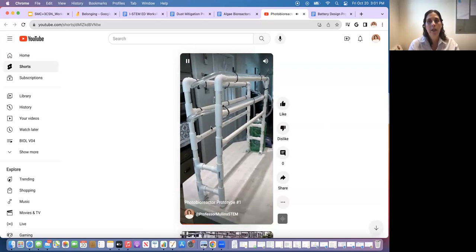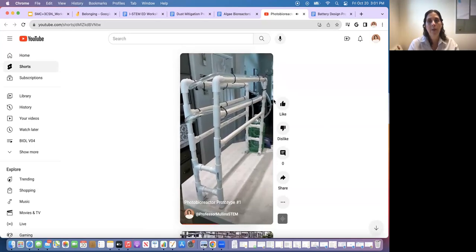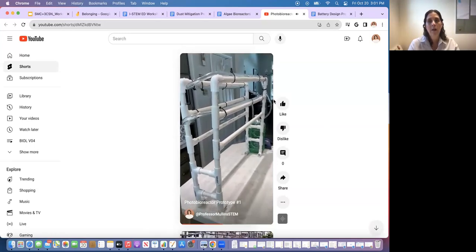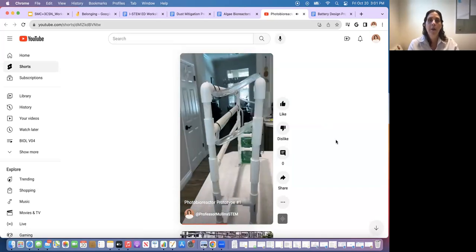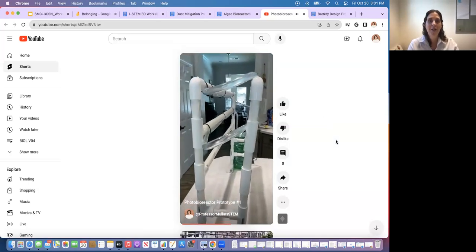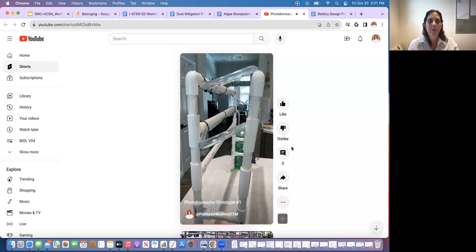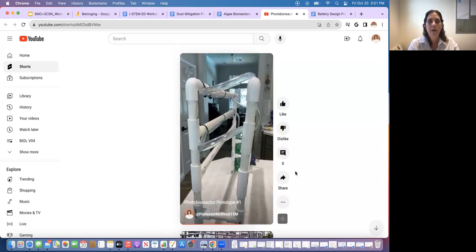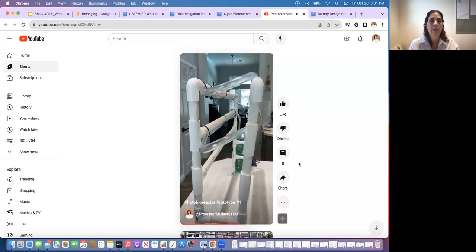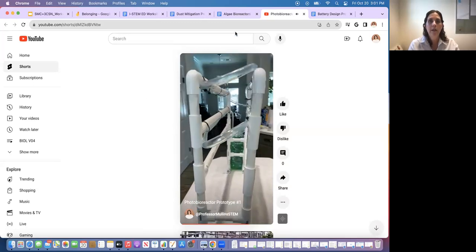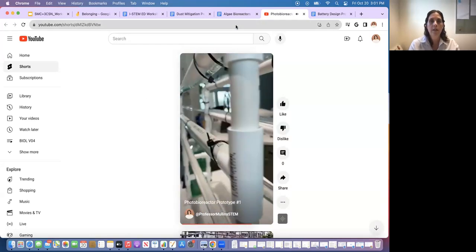And then moving it through the tubes is helping to keep it aerated and moving along so the algae is doing what it needs to do as it's growing. And then we would eventually collect off the oil that it has produced for us. So that is one way to do it.